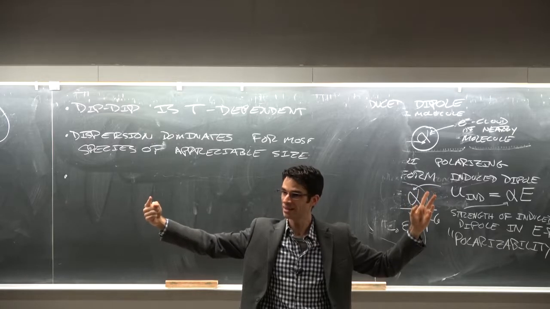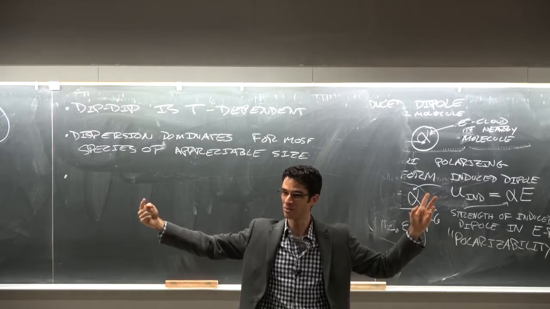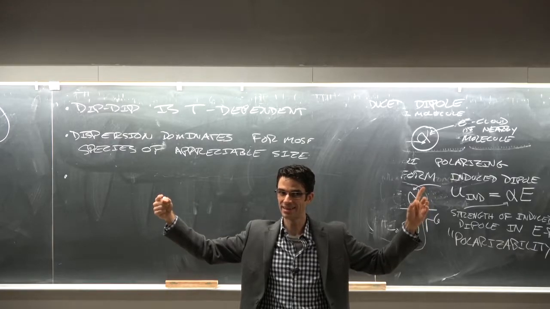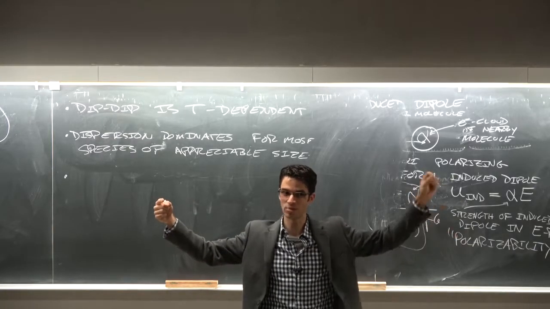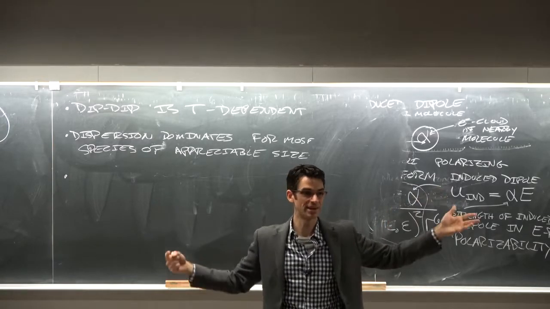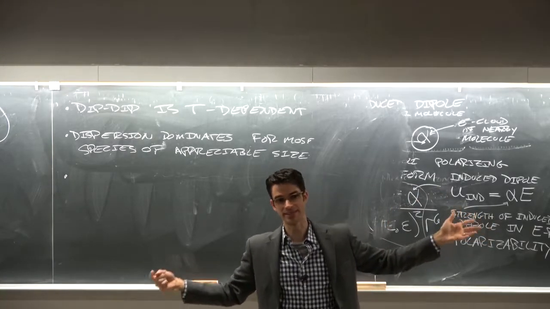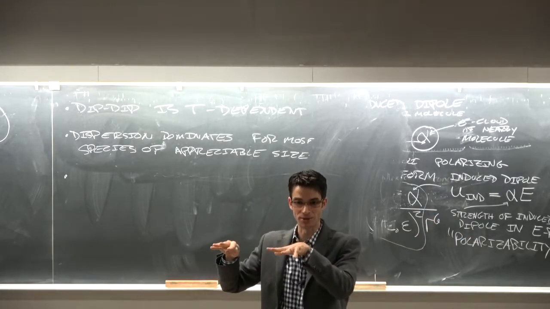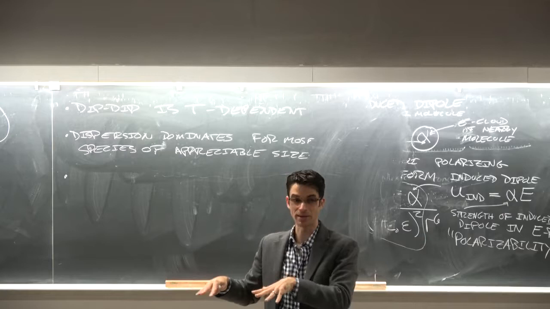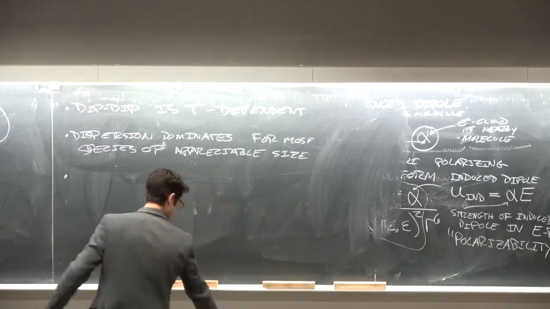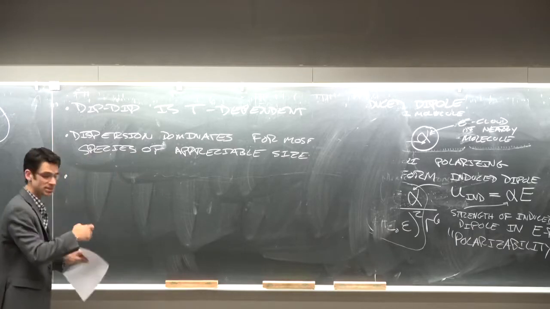But by the time the molecule reacts, the electron in the transient dipole over here might be in a different place. So it turns out that after a few nanometers of distance, the dispersion energy starts to go down, and at about 100 nanometers, it's gone. Let me write this down first.